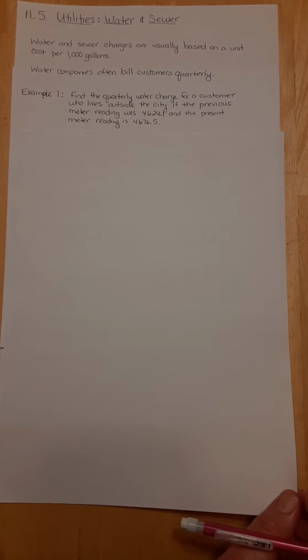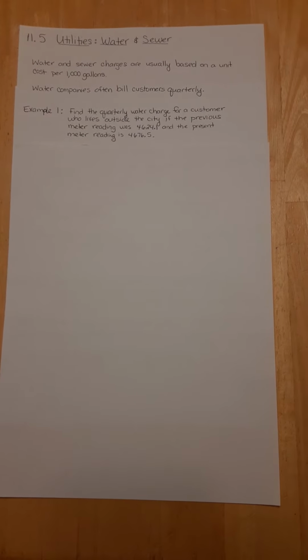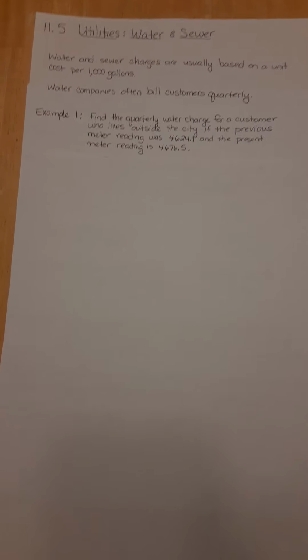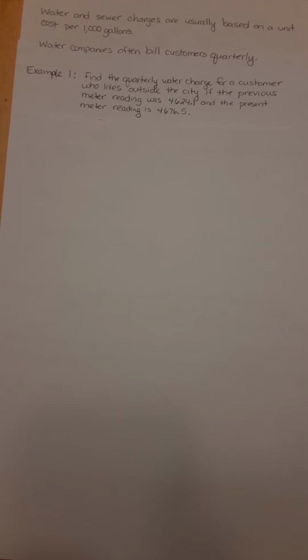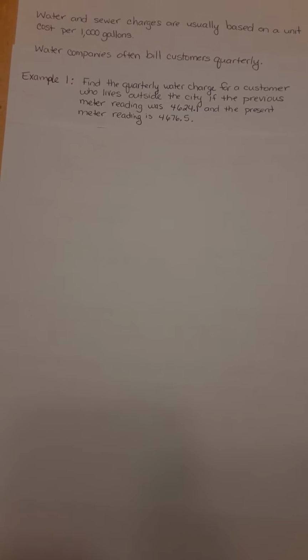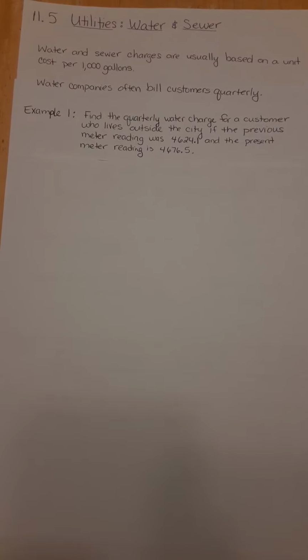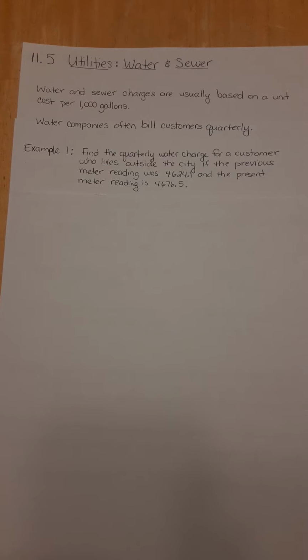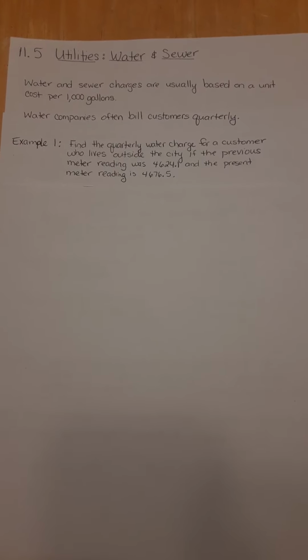Example 1 here, okay? Example 1 talks about a quarterly water charge for a customer who lives outside the city. Okay, we're going to stop there and talk about it. There are different rates. If you live in the city limits, you will have a lower rate because the water and sewer is going less of a distance. If you live outside the city, you're going to have a higher rate.